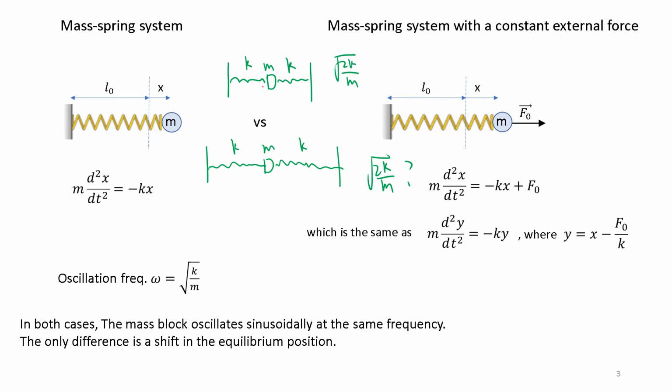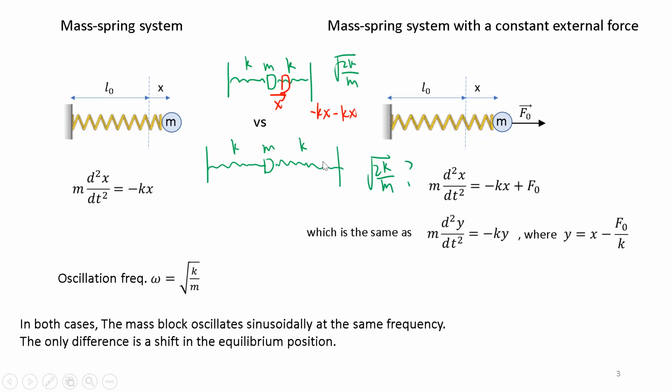In this case, if you try to displace the mass to one side by an amount x, the force that you get from the left would be minus kx, and then from the spring on the right, you get another minus kx.